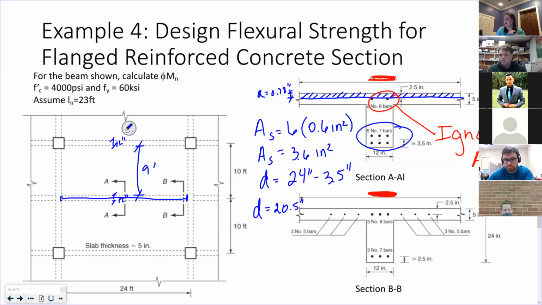If not, you still might be in case 2, where we go into the stem. In that case, you might want to include that compression reinforcement to see if you can yield that steel. But in general, in practice, out in the real world, ignore compression reinforcement. It's there if you need it, but try not to design with it.